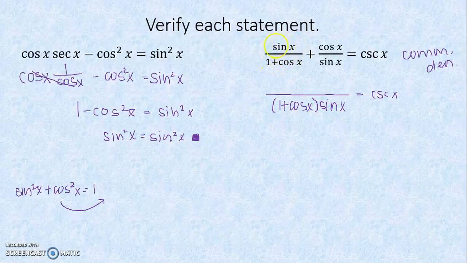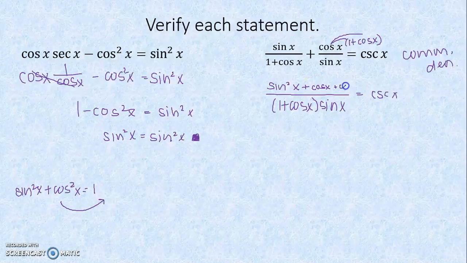For this first fraction, I multiplied by sine x, so sine times sine is sine squared x, plus. The second fraction, I'm multiplying by 1 plus cosine x. Since the cosines kind of go together, I would go ahead and distribute that. So that's going to become cosine x plus cosine squared x.